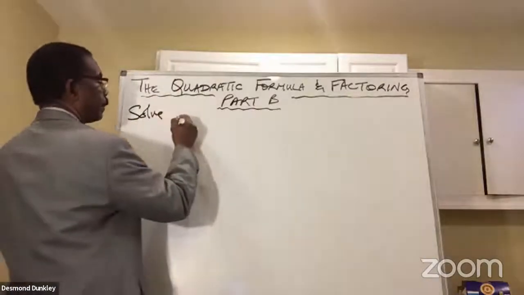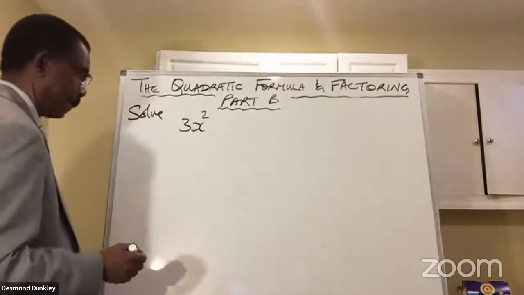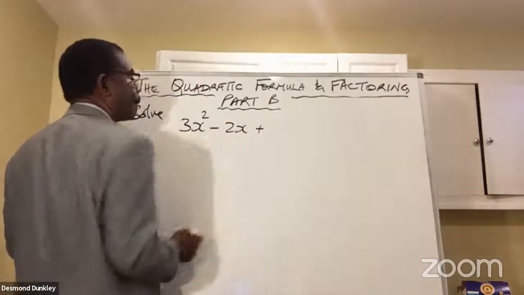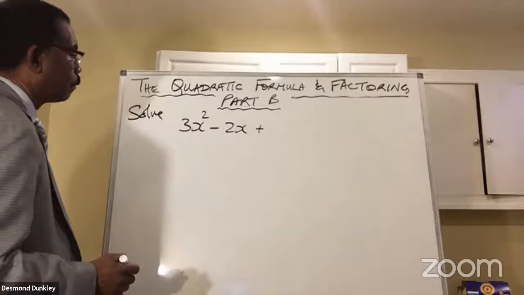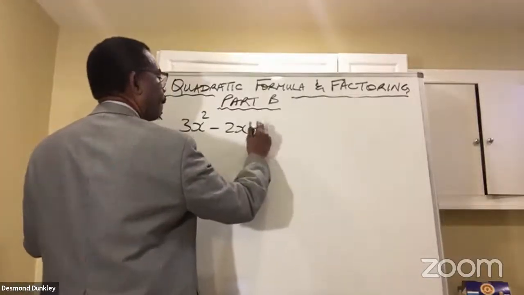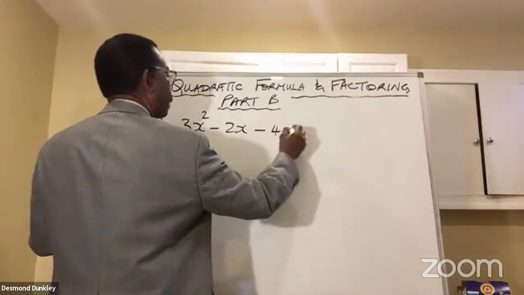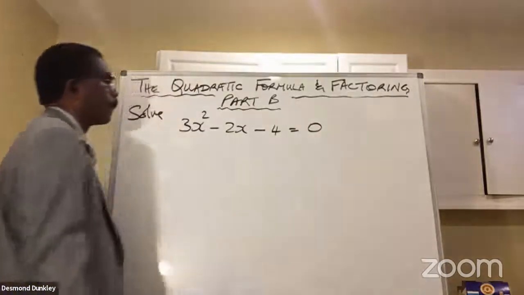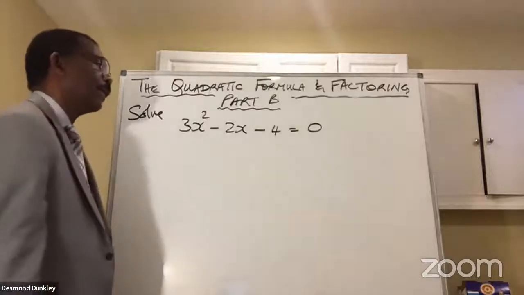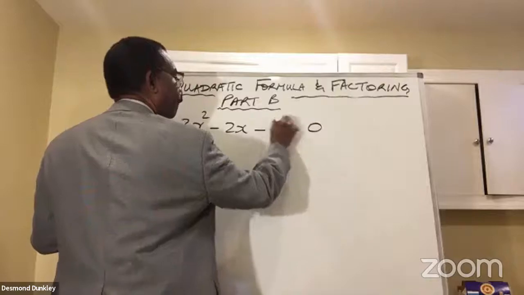So let's go with... okay. This one can be factorized. Let's use a different number. Let's use 5. Okay.